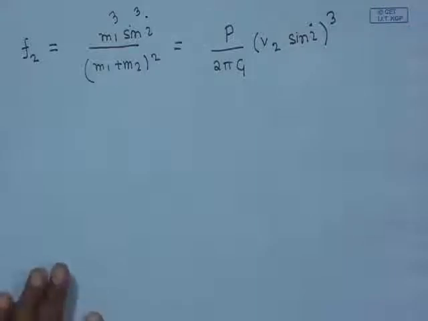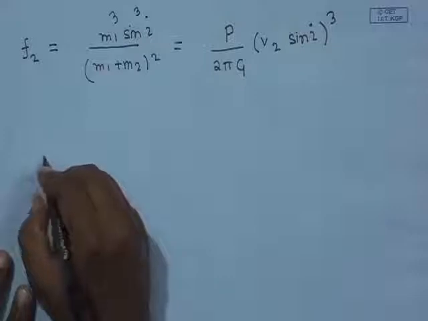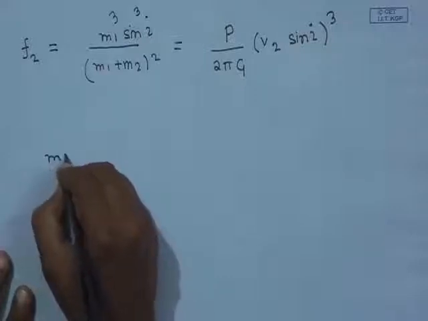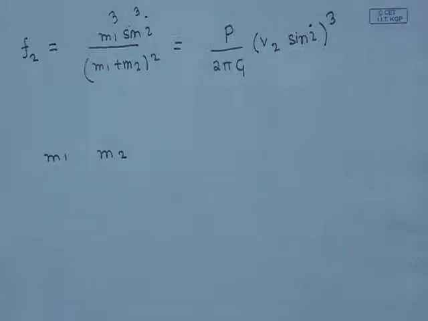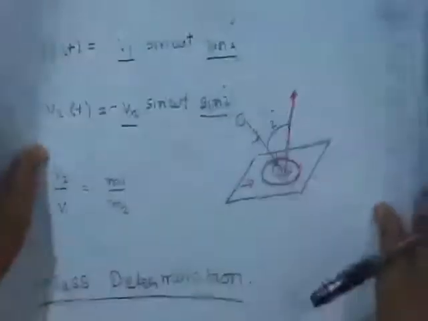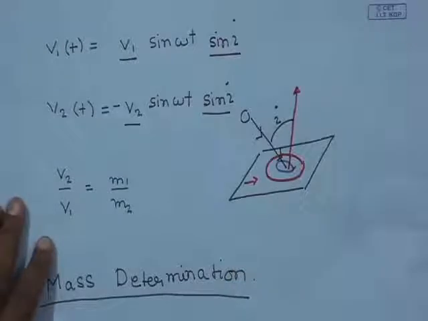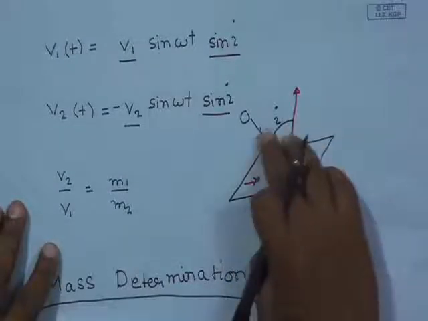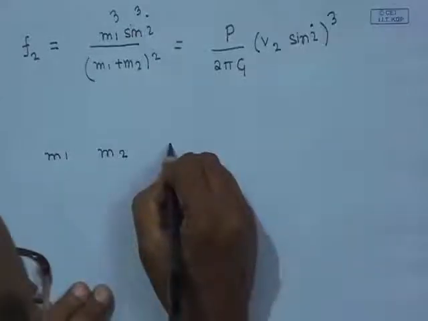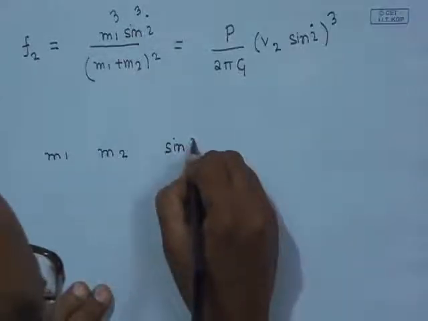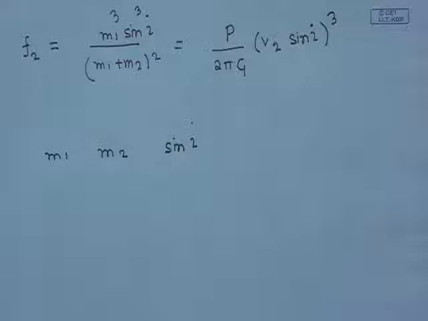The entire problem, let me remind you, has three unknowns. The three unknowns here are the masses of the two objects m1, m2. Further, so we have two objects of unknown mass m1 and m2 in circular orbit. Further, we also have the inclination angle, sine I, which is an unknown.